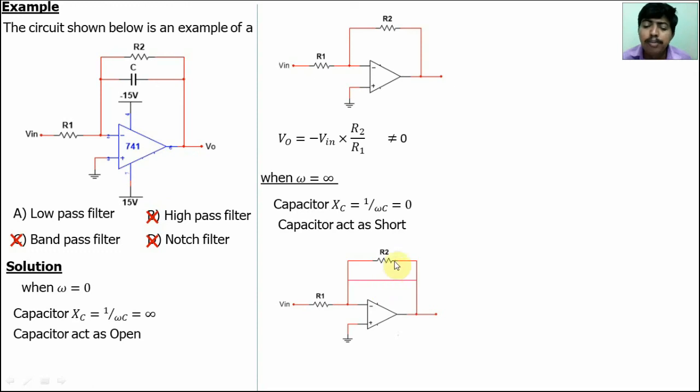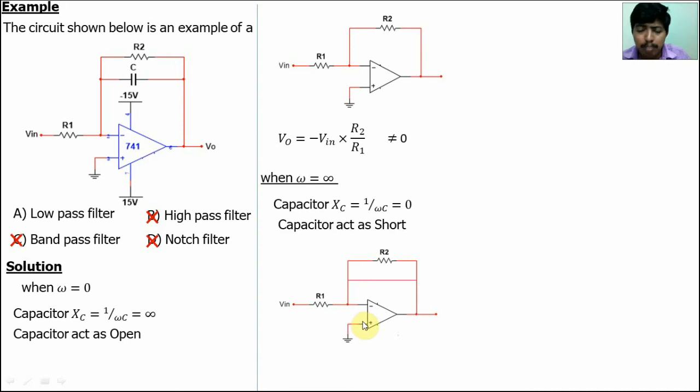Short circuit means resistance is 0 ohms. If 0 ohms is parallel to R2, the total resistance will be 0, because by the parallel formula, 1 by R equivalent is equal to 1 by R1 plus 1 by R2. If the total resistance is 0, we get V0 is equal to 0. Or otherwise, here V plus is equal to 0.